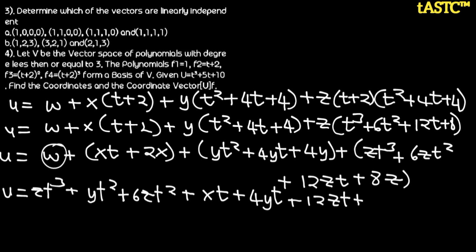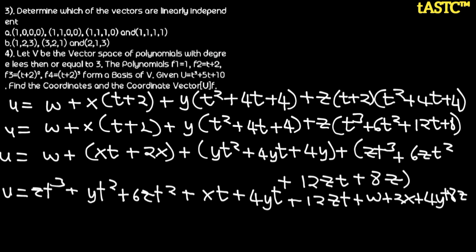We have w, we have 2x, we have a 4y, and we have an 8z. Okay, so that is what we have over there.